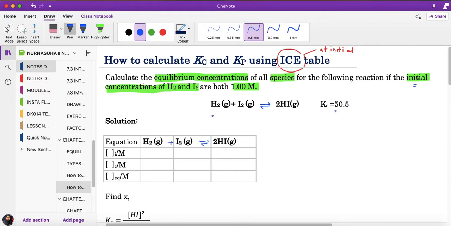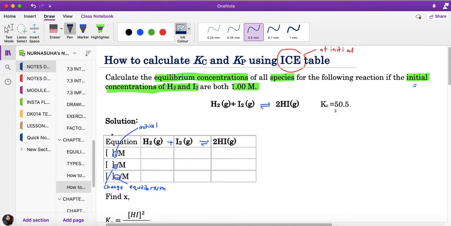So the ICE table: I stands for initial. C is for change in concentration. EQ is for the value at equilibrium. So, in short, the ICE table.